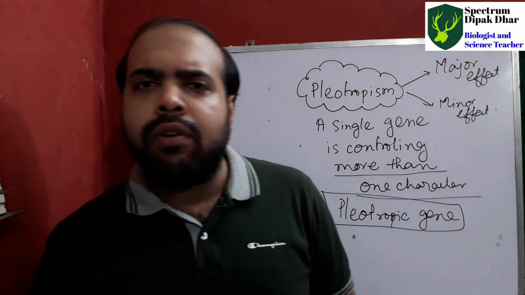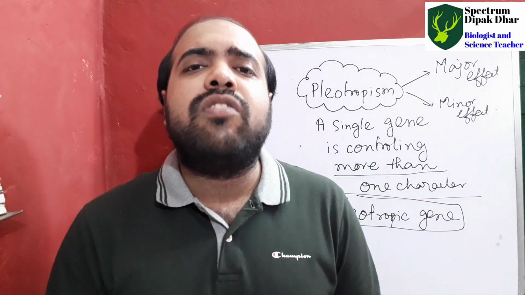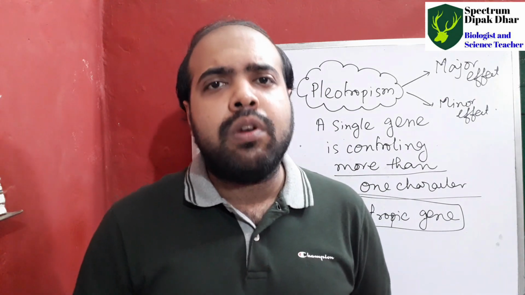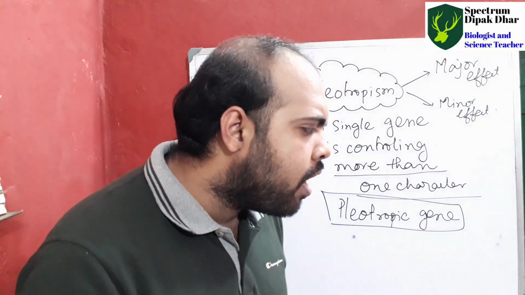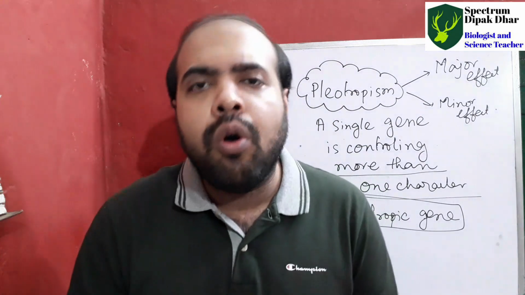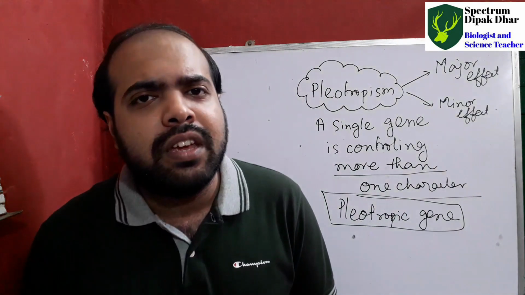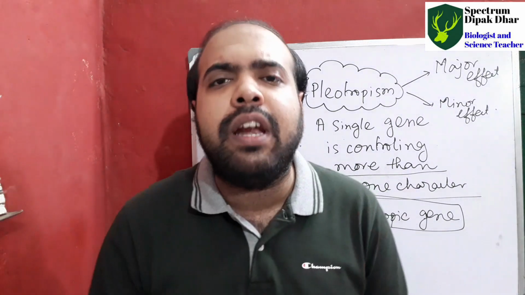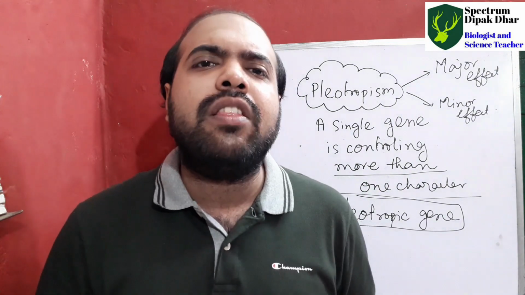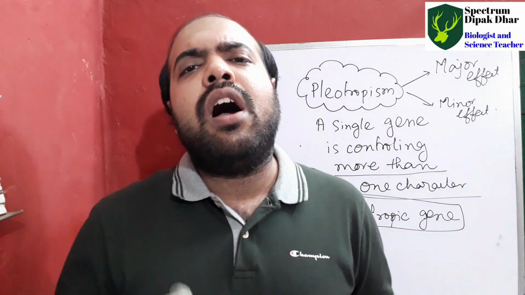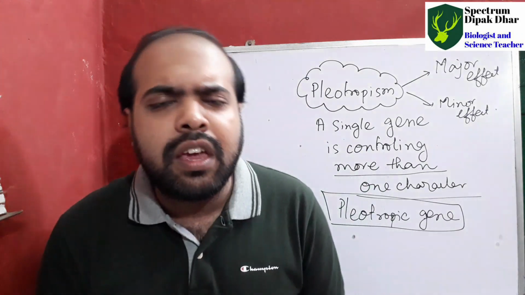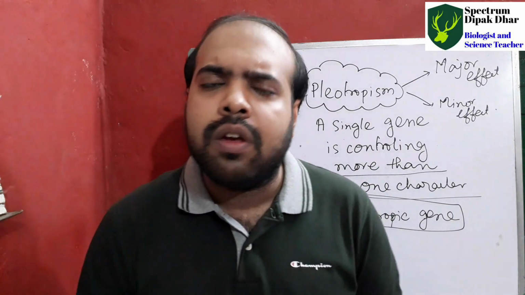As a result, the person suffering from phenylketonuria will have low intelligence, a fade in skin color, and low pigmentation in the hair. These are all the typical symptoms that we can see in a phenylketonuria patient.